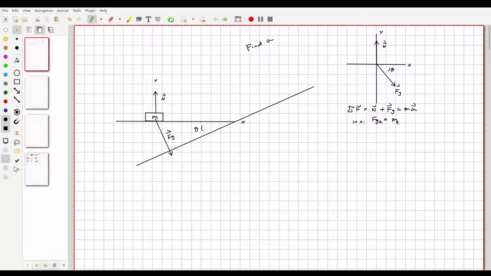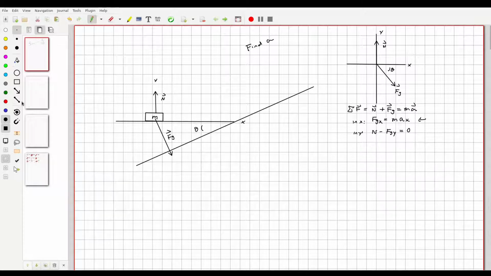And that's going to act on the mass to cause it to experience acceleration in the x direction. And in the y-axis, we have a normal force that points up. We have the y part of the weight that points down. And those are going to balance each other out. So this is what we want to look at when it comes to figuring out what this acceleration is going to be.